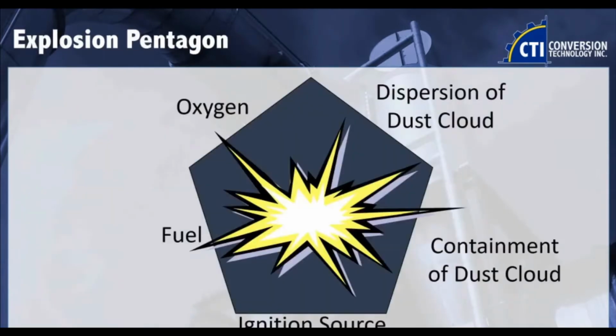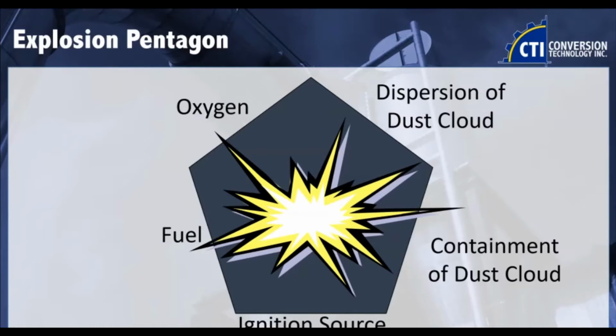So with that, as I mentioned, there's the explosion pentagon, very similar to the fire triangle, just obviously a little extra nodes there. So for an explosion to occur, you have oxygen, fuel, ignition source. That is the fire triangle.